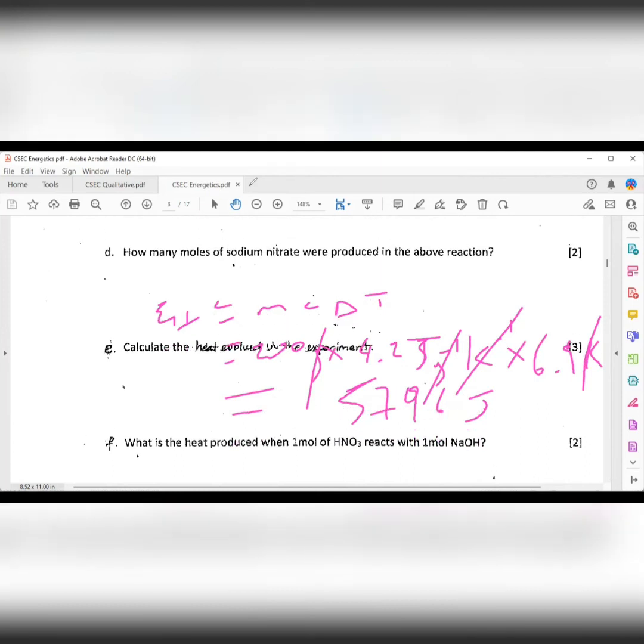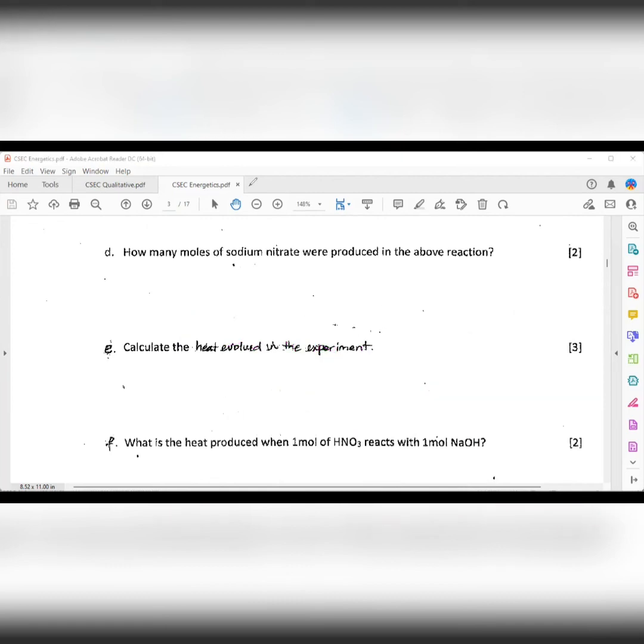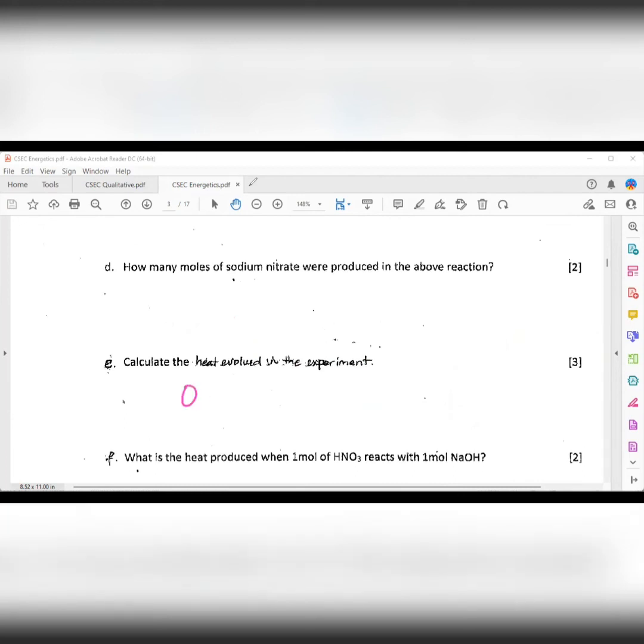The next question now says, what is the heat produced when 1 mole of nitric acid reacts with 1 mole of sodium hydroxide? In this question, 0.1 moles of nitric acid reacted with 0.1 moles of sodium hydroxide, producing 5,796 joules. So what we can write is 0.1 moles produced 5,796 joules.